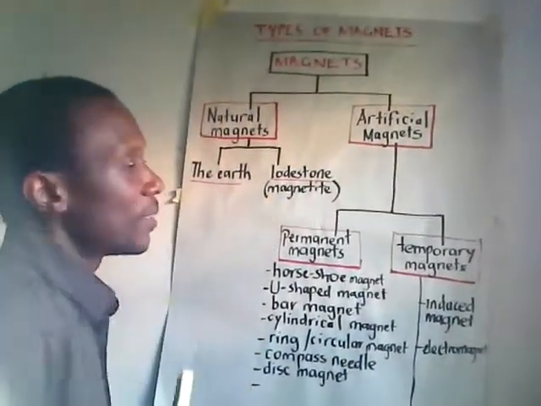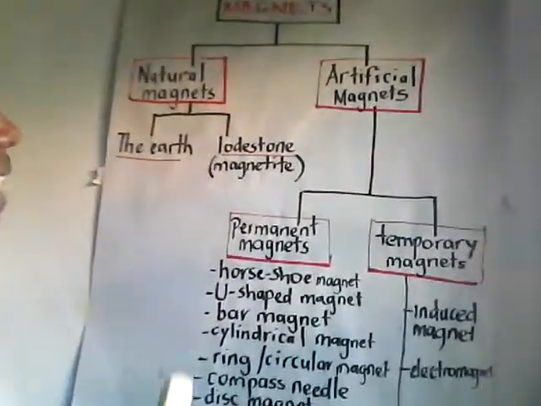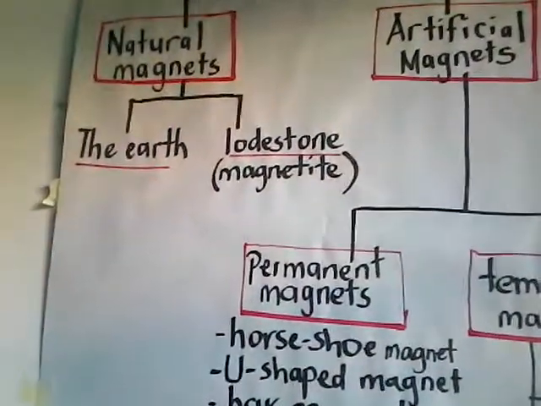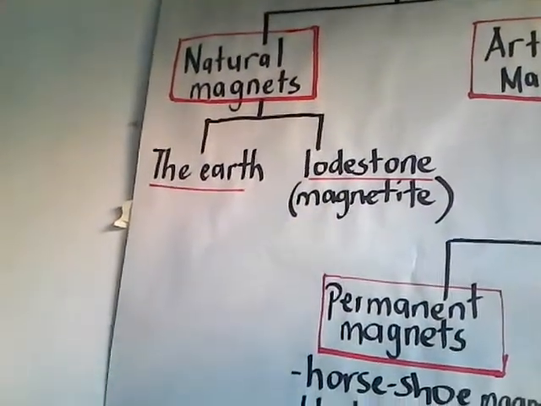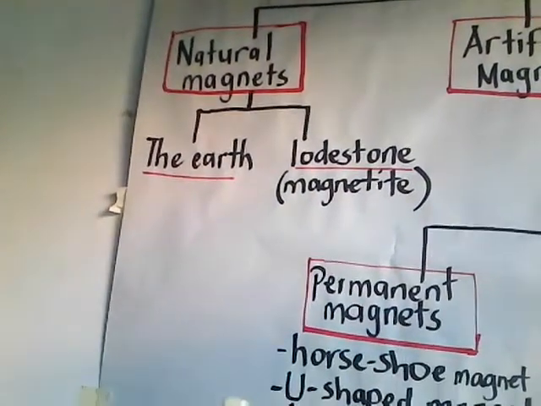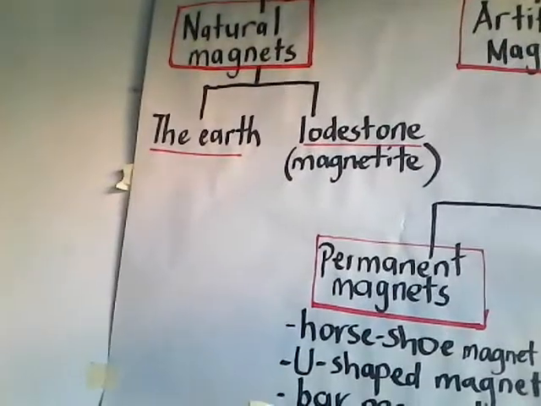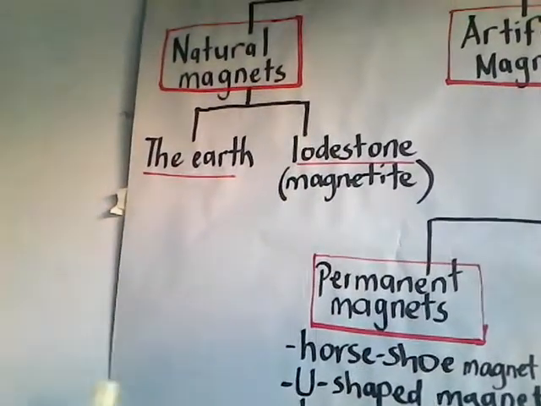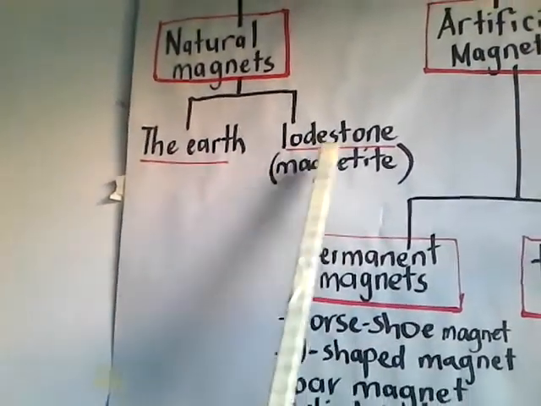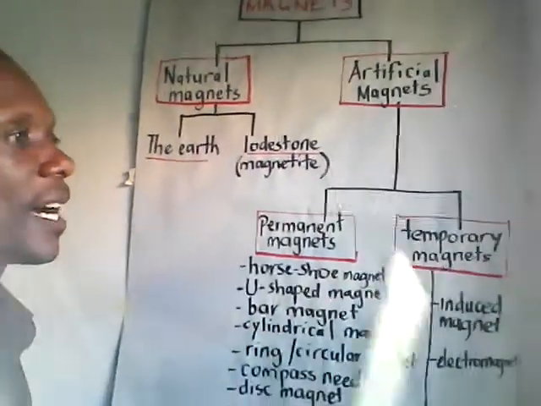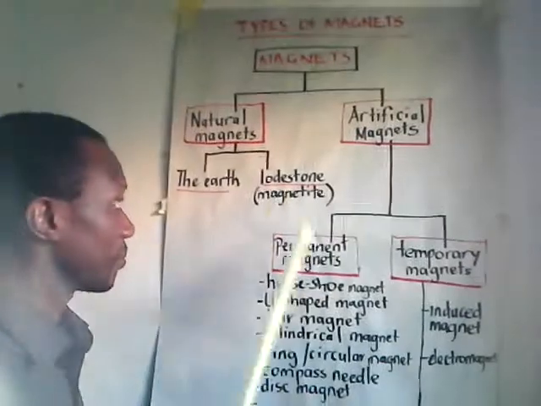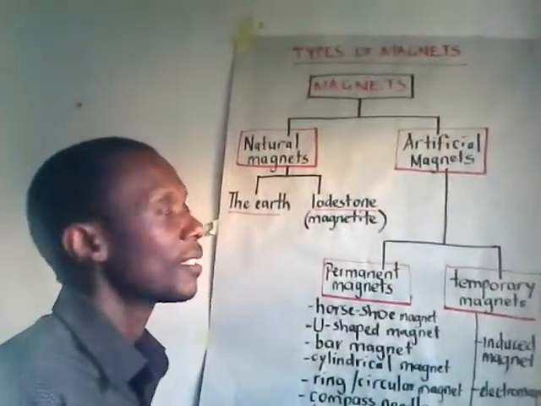Then lodestone. Lodestone and magnetite are more or less the same thing, though when you go into depth they will tell you that magnetite is a rock, a mineral, which has pieces that are magnetized, and these magnetized pieces are the ones that are called lodestone. There was a herdsman who discovered lodestone.